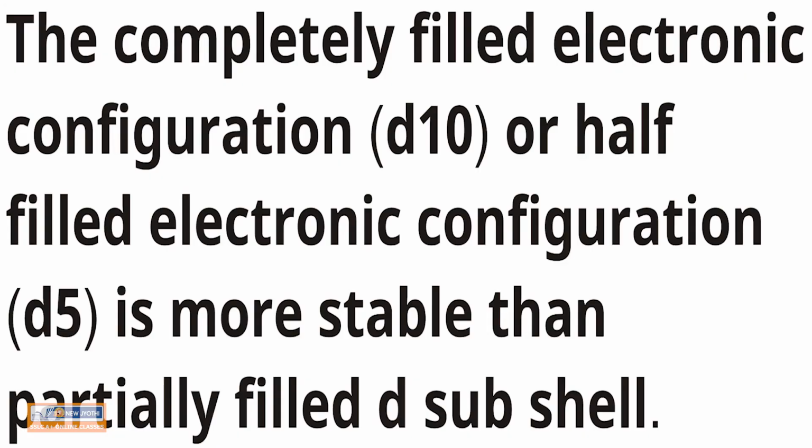D subshell can accommodate a maximum of 10 electrons. The completely filled electronic configuration of d, that is d10, or half-filled electronic configuration, that is d5, is more stable than partially filled subshells.